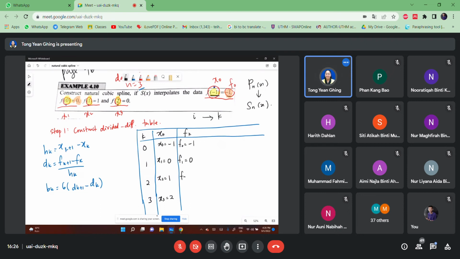F2 is 1. And then F3 is this value, 0. Okay, so this is the value of y or f here.